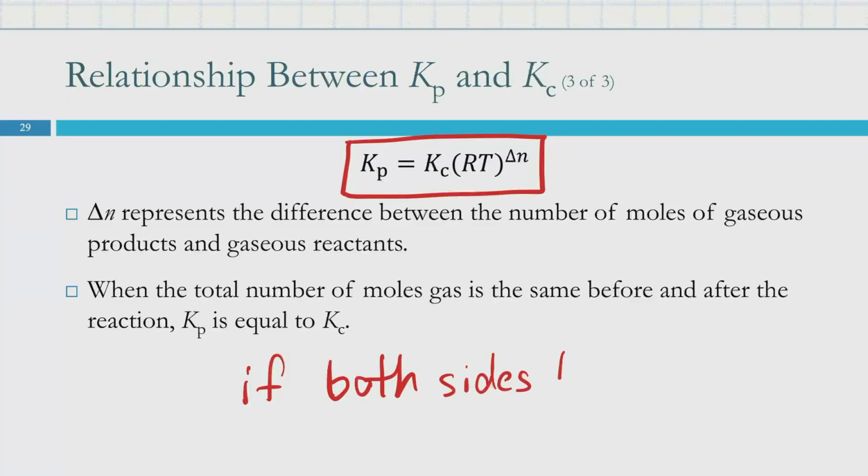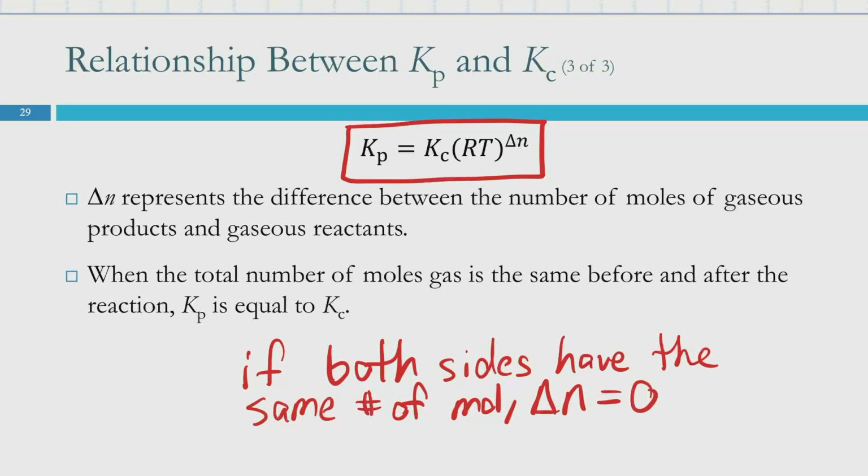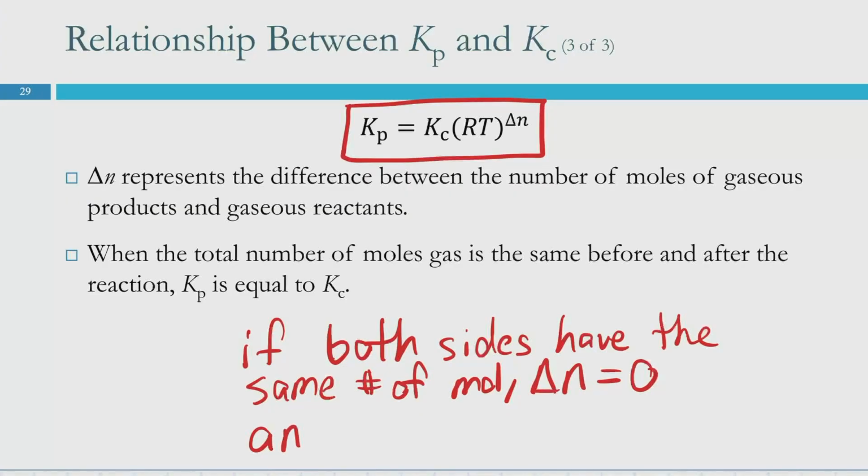If both sides have the same number of moles, then delta N equals 0, and Kp equals Kc, since RT raised to the 0, like anything else raised to the 0, will be equal to 1.